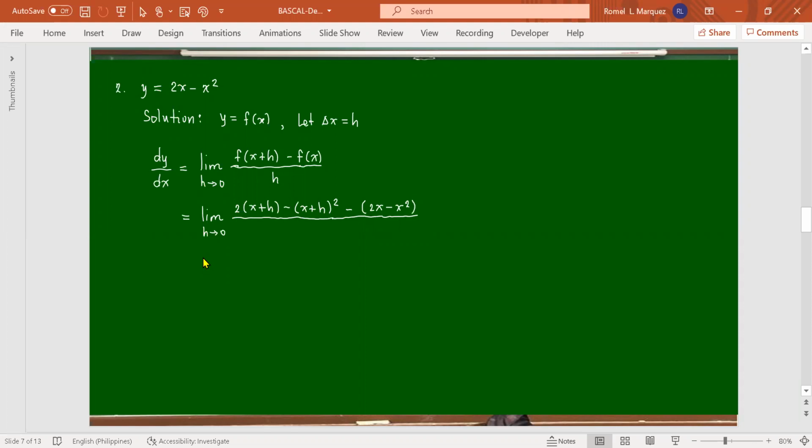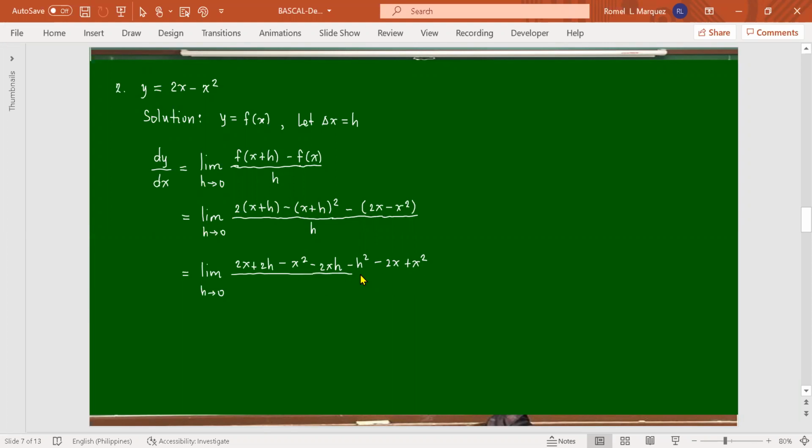Okay. Next, over h. So let's simplify. What is the simplified form of the numerator? Anyone? Let's expand that. 2x plus 2h minus x squared minus, because it is preceded by minus, 2xh minus h squared minus 2x plus x squared.